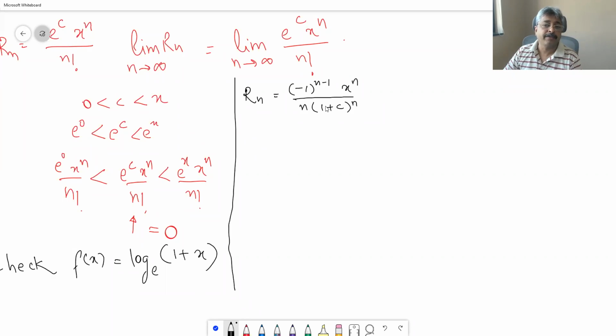First of all, you need to agree with this, that this is the remainder term. Now x can vary between minus 1 to plus infinity.